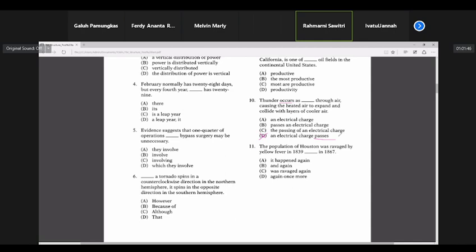Was ravaged by yellow fever in 1839 and again in 1867. So the correct one is B, because here what we need is a connector and. Well, what is wrong with your answer is that there is no connector.